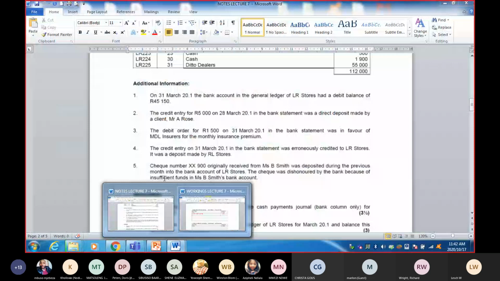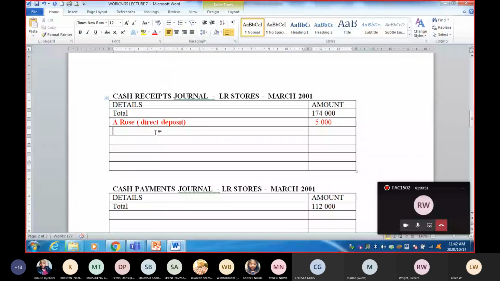The next amount that we must account for is the amount of 90 Rand, and that 90 Rand is interest received on our banking account. So we can put in the interest on our current account, and the bank is paying us an amount of 90 Rand. Make the entry then for 90 Rand in your cash receipts journal.